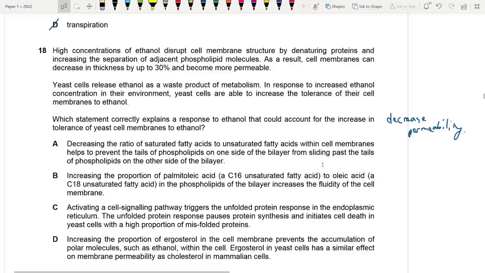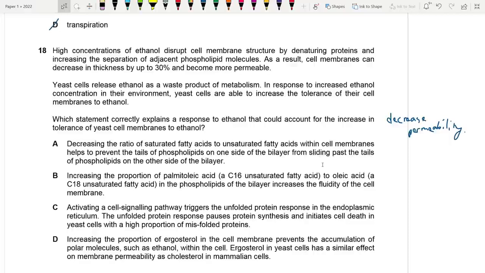What does cholesterol help to do? Cholesterol basically affects fluidity in this way. At high temperatures, it decreases fluidity, and at low temperatures, it increases fluidity.